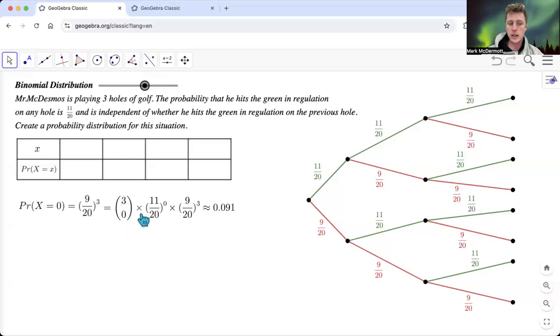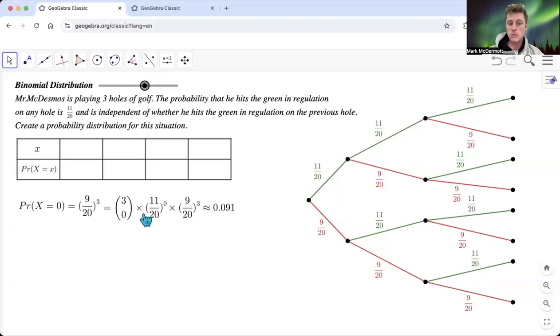This is just a way of saying how many ways could Mr. McDesmos have gotten no successes? Well, there's only one way to do it. You have to miss every time. So from the 3 trials we ran, or the 3 holes we played, none of them were a success. And 3 choose 0 is 1. And that should make sense. There's one way to get no successes.